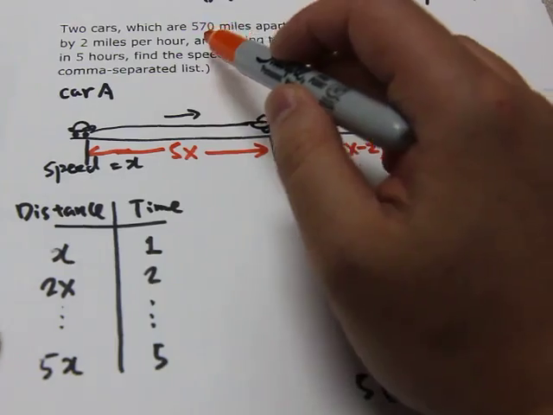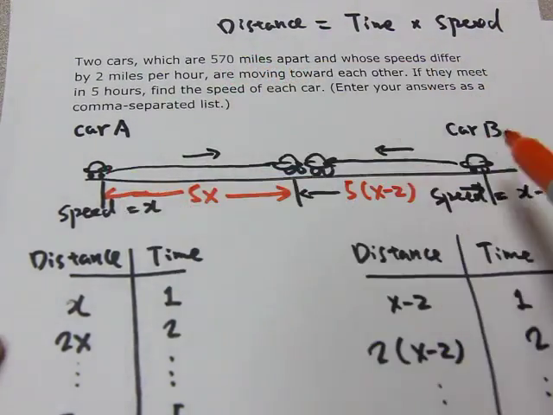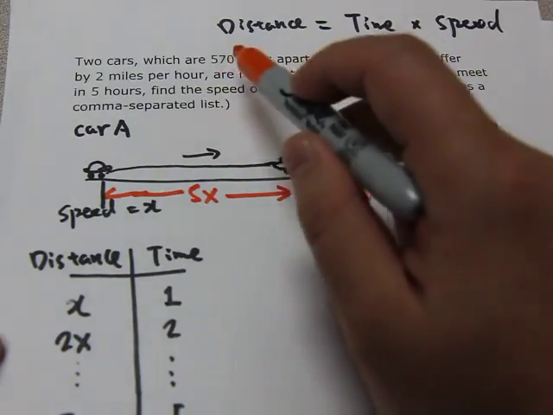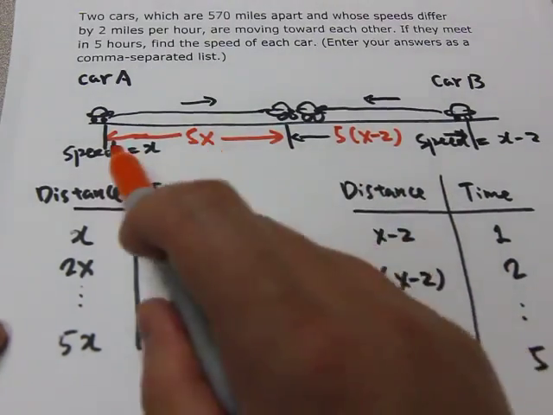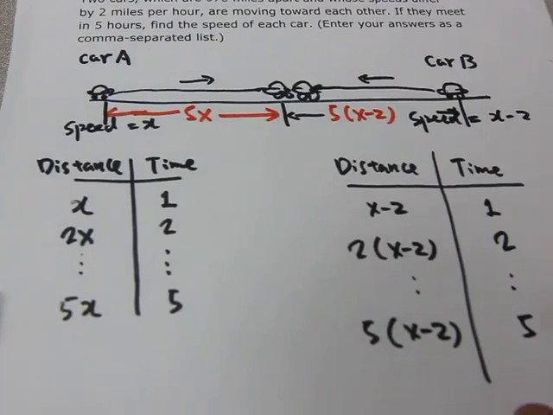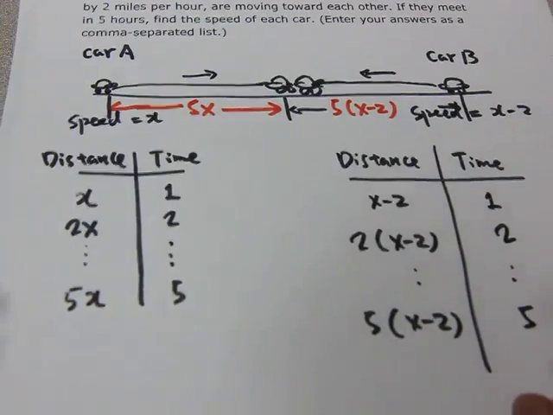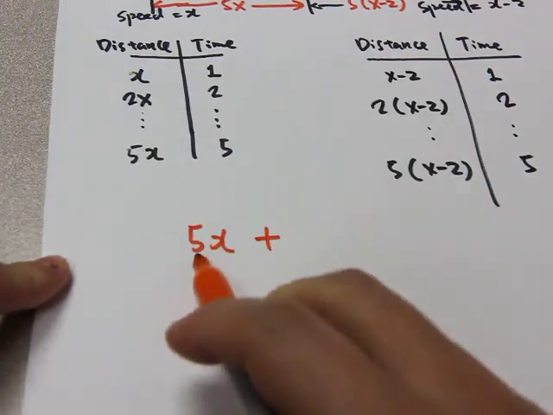Because we know at the beginning the distance between these two cars is 570 miles. So therefore, the sum of these two pieces is equal to 570. So we can have this equation 5x.